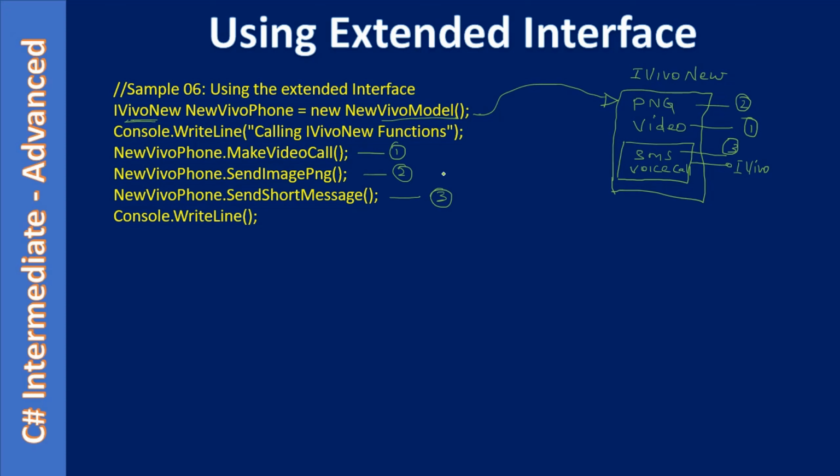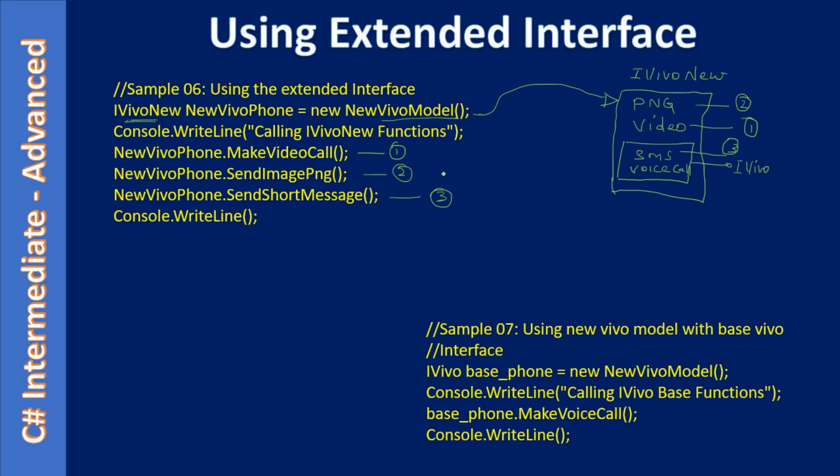So we can look at other usage also. If you see here, the phone object we create is again NewVivoModel, and we know that this class implements the IVivoNew interface. But here on the reference side, if you see, we are making use of IVivo as the reference type.